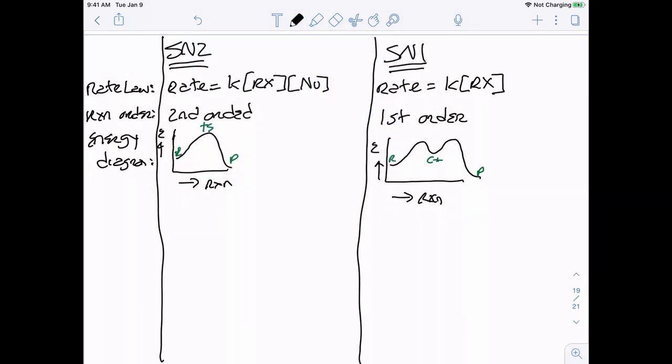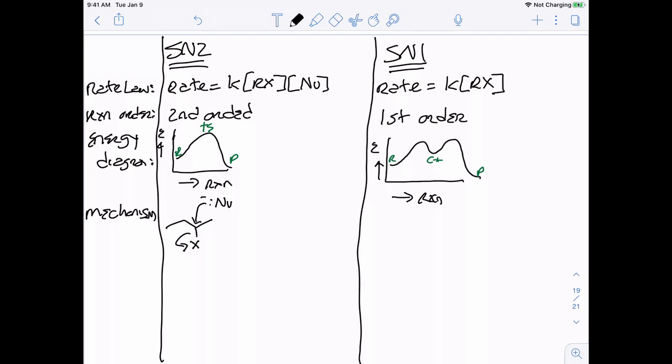Let's look at the mechanism. We are going to fit this in here. So I'm just going to use a secondary alkyl halide with both of these. But remember with my second order reaction, right, both of these are involved. So it's taking place in one step, right?